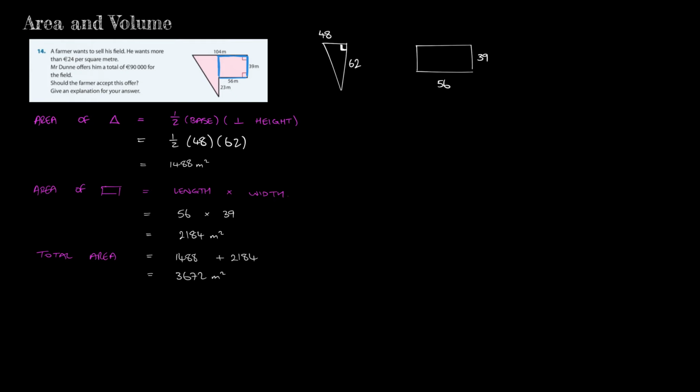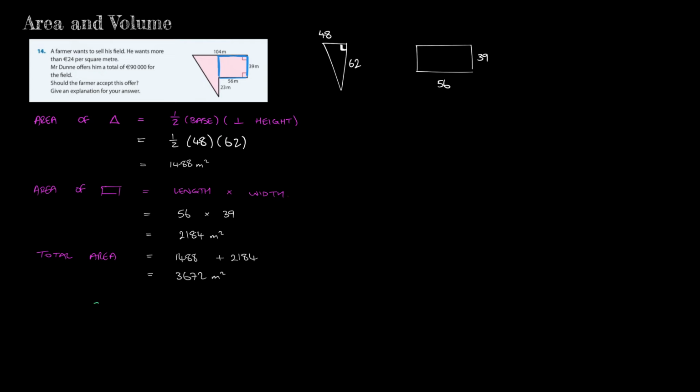Now if he's offered 90,000 for the field, we want to find out how much that is per square meter. So he's got this amount of square meters. He's been offered 90,000, and I want to know what he's getting for 1 square meter. I'll do it in green because it's almost like ratios.